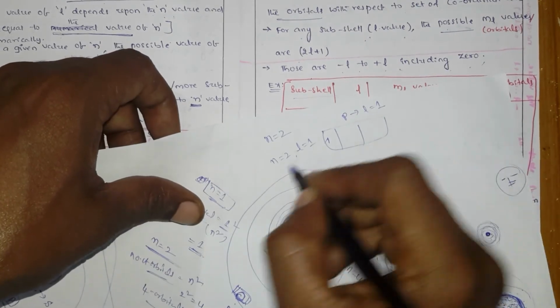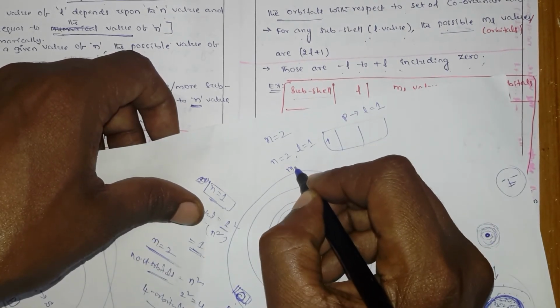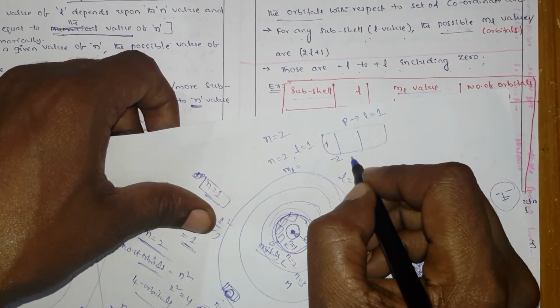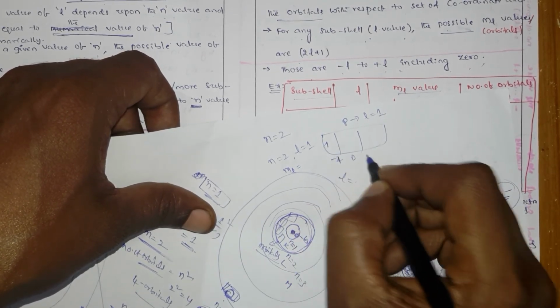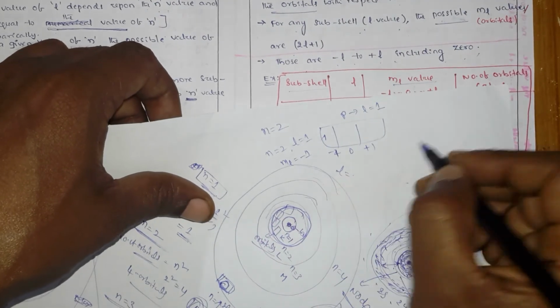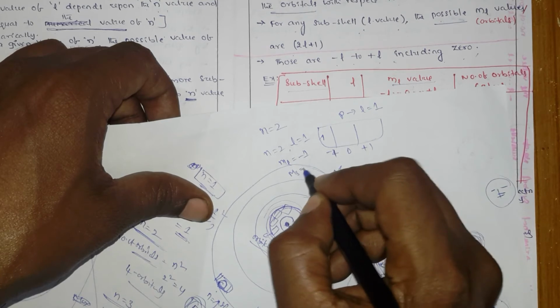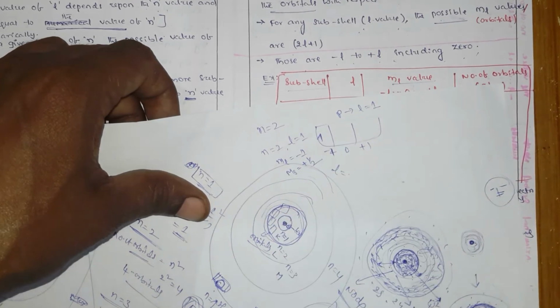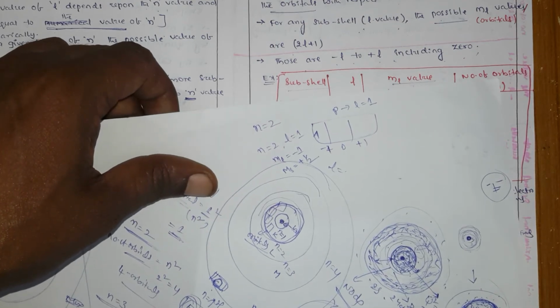Okay, and what is the ml value, the magnetic quantum number? Here it is minus 1, 0, plus 1, so ml is equal to minus 1. And what is ms, the spin quantum number? Here it is the upward direction, so write it as plus half.